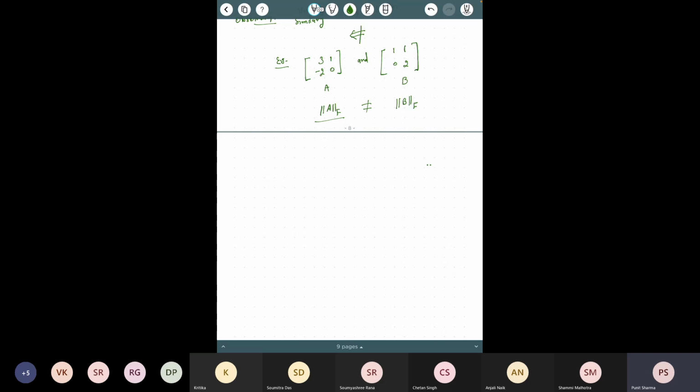So let me first write what it says, and then we will see how powerful this result is. It gives us many other results. So it is called Schur's lemma. Suppose that we have a matrix A of size n cross n. Okay.